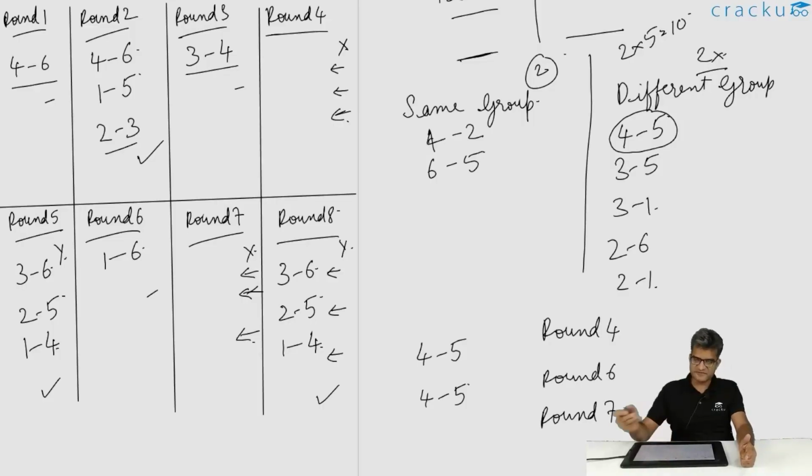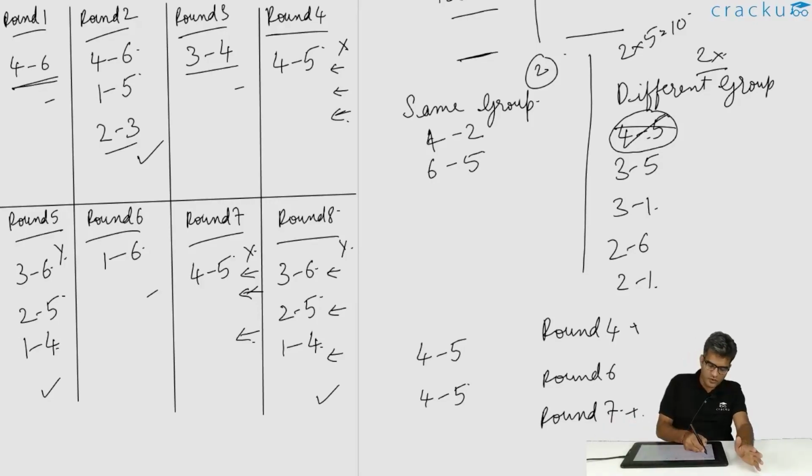Now say 4 versus 5 doesn't happen in round 4. Then it won't happen in round 7 also because they are identical. We are left with only one round, that is round 6, but 4 has to play 5 2 times. So that is a contradiction. This would imply that 4 versus 5 happened in round 4 as well as round 7. This is done.